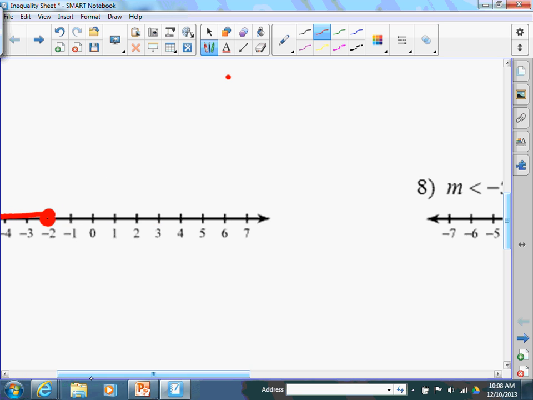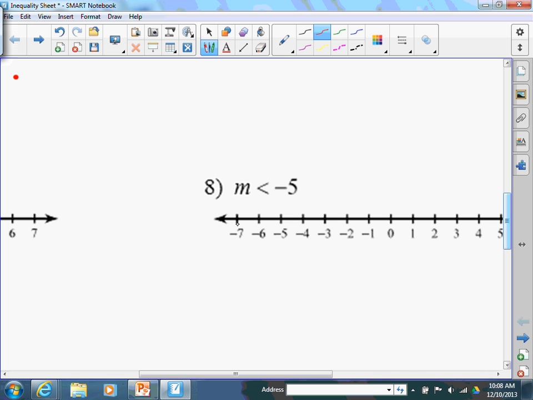Right, number 8. Is my variable on the left-hand side? Is there a negative number in front of the variable or beneath the variable? Nope. Okay. Open circle or closed circle? On what number? Do I shade right or shade left? Okay.